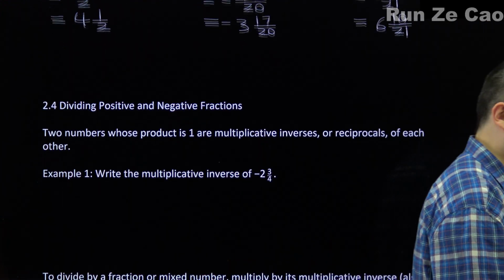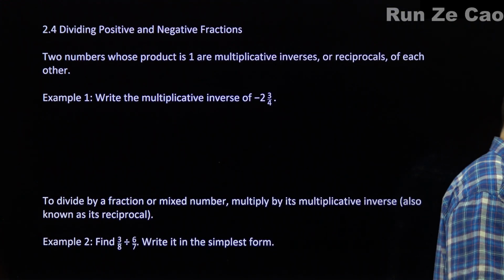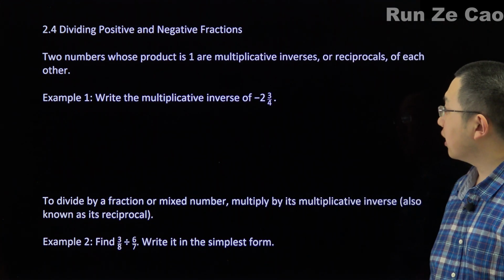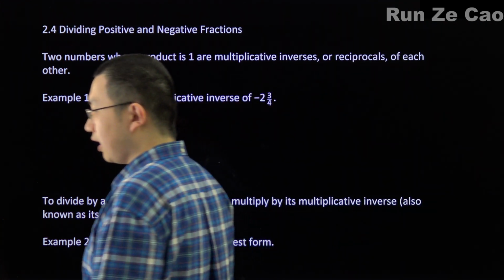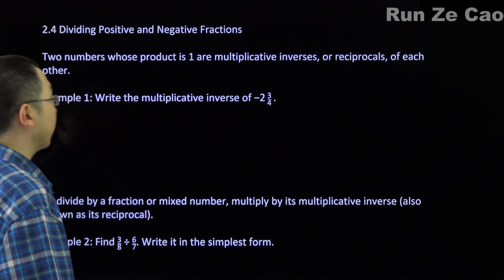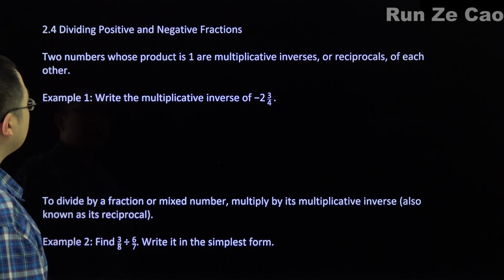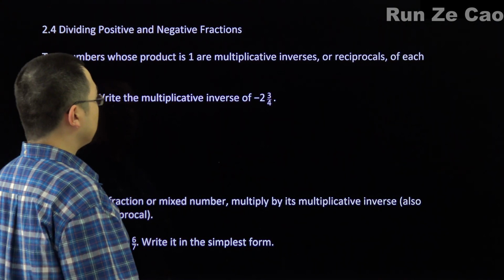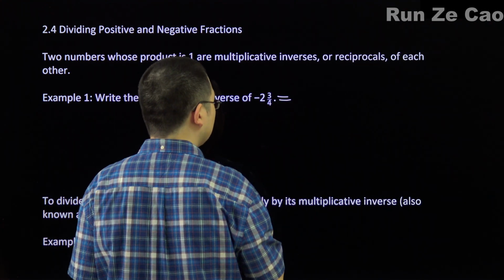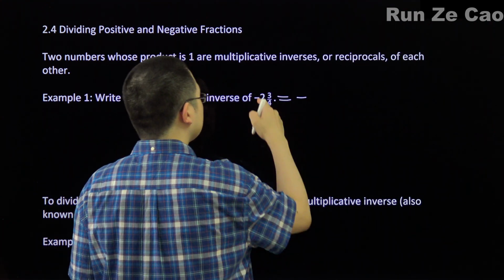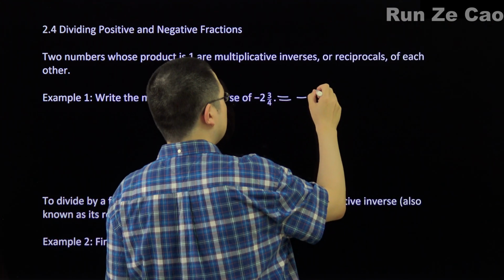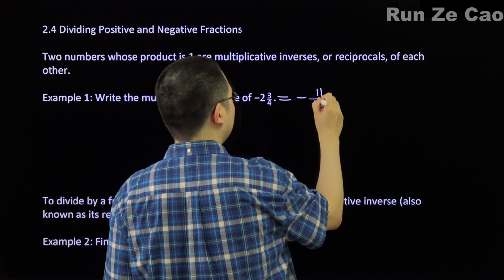So, if you're dividing fractions, well, if you have two numbers whose product is 1, they are multiplicative inverses, or usually just called reciprocals of each other. So write the multiplicative inverse of -2 3/4. Well, this is equal to -2 times 4 is 8, plus 3 is 11/4.